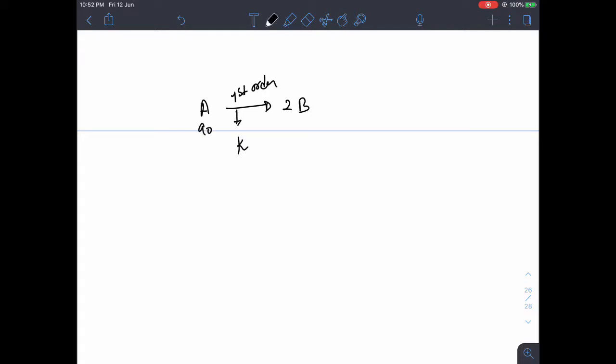In this case, I want the relation of log of A naught upon A at time t in terms of time. Second, I want the value of T half in this case. And third, if possible, calculate the value of alpha, degree of dissociation, as a function of time.